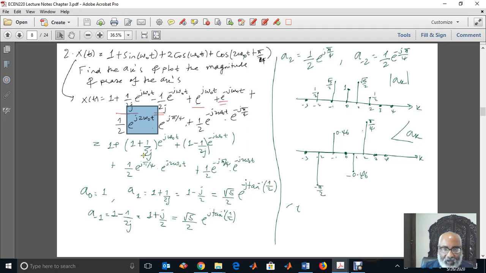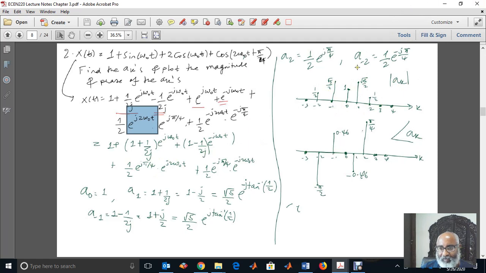So we have a0, a1, a minus 1, a2, a minus 2. The rest of the ak's are 0. So a0 is 1, the magnitude of a1 is square root of 5 over 2, a minus 1 is square root of 5 over 2, and a2 is half, a minus 2 is half.